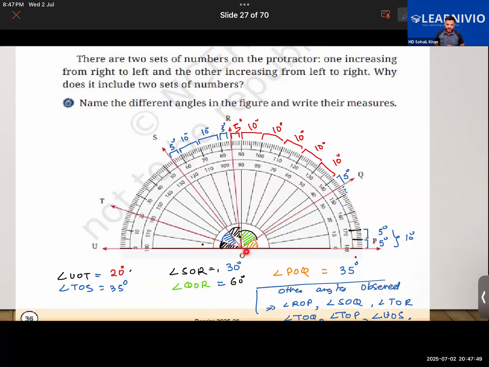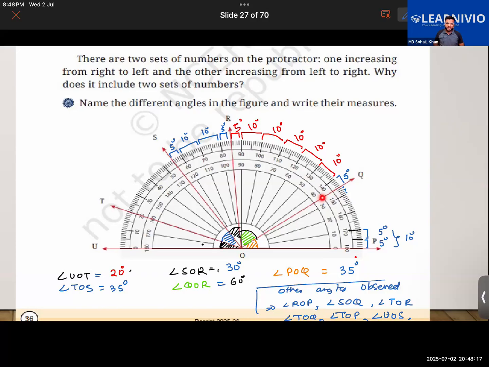Arm OP here is standing at 0 degree. Look at the internal marking here. It's standing at 0 degree. And OQ here is standing at 35 degree. Am I clear? It's passing from the middle of 30 and 40. So it is standing at 35.